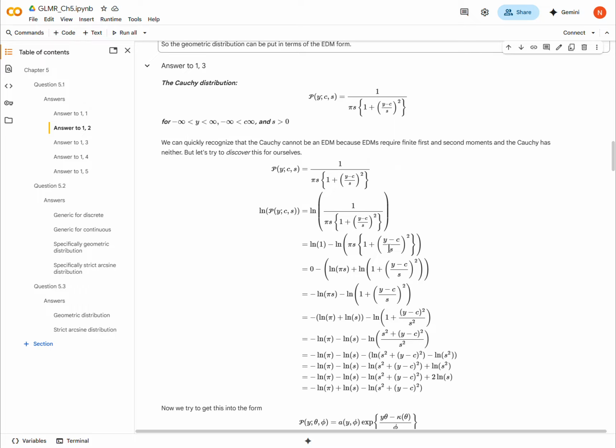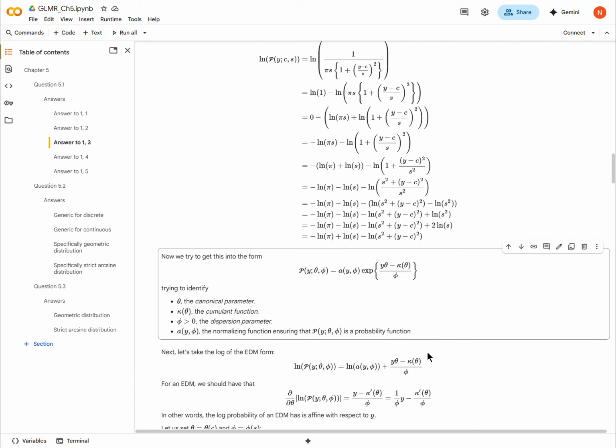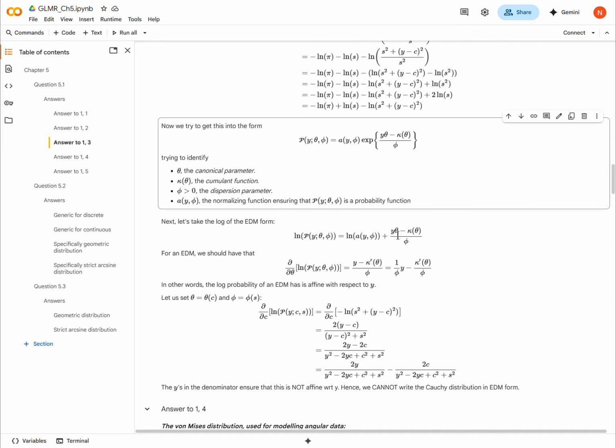So okay, and now we get into the Cauchy distribution here. Oh, my cats are fighting. Okay, so now you again take the logarithm, push through, try to cajole it into a way that gets into that form right there.